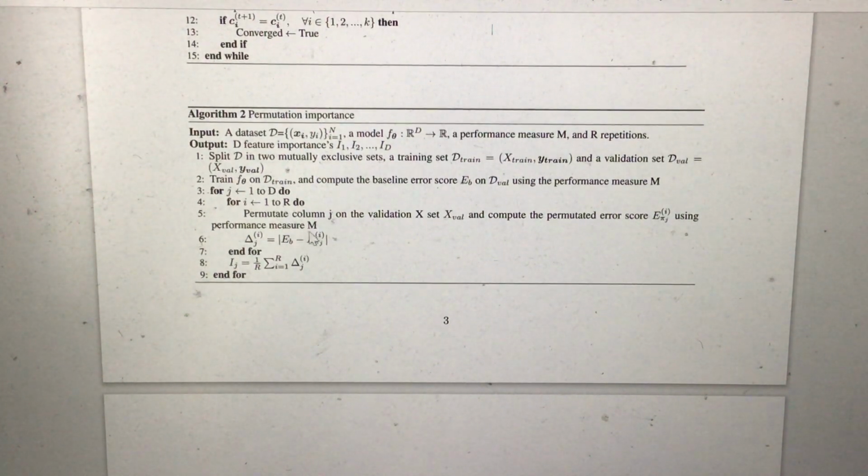Using the measure M, we get delta_j, which is the absolute value of the baseline error minus the permuted error score, and we get i_j for j from 1 to D. So this is the permutation importance for each feature.